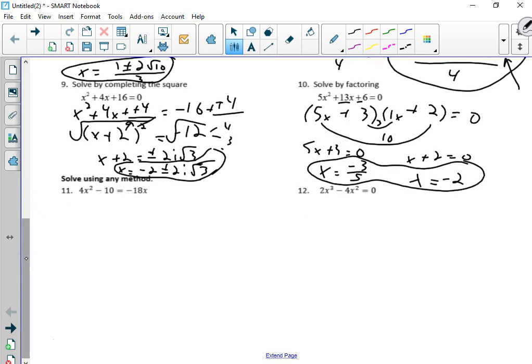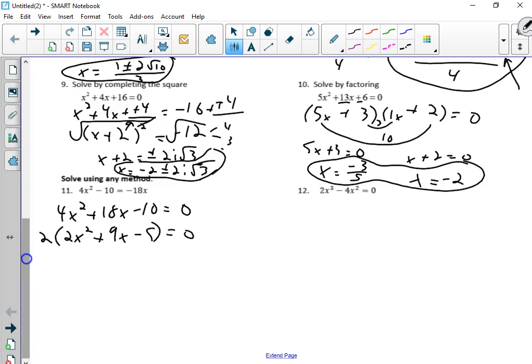Solve using any method. I'm going to do guess and check, factor it, because it's not going to be too bad, because they're all even. So for our square, I'm going to move the 18x over, minus 10. I'm going to pull a 2 out to make it 2x squared plus 9x minus 5.